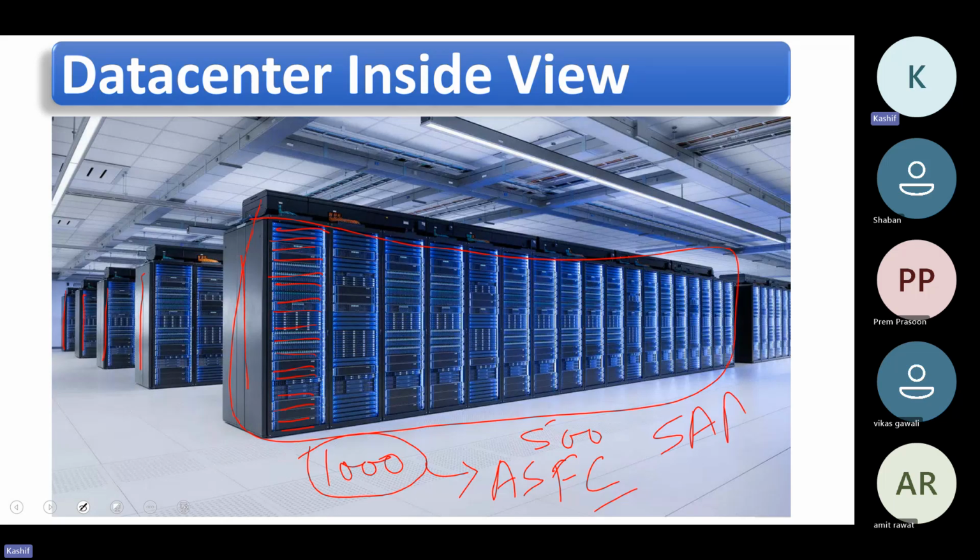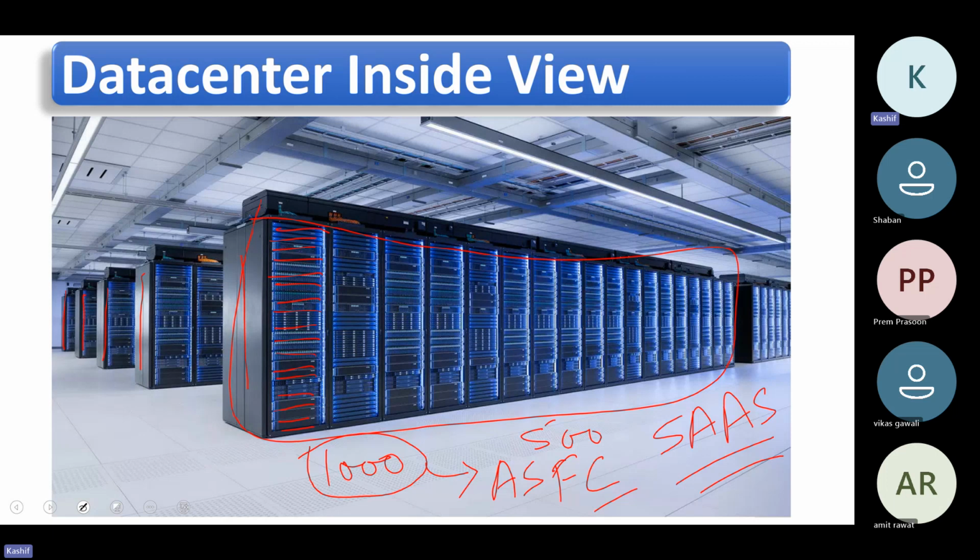SaaS means software as a service. So you just take the software as a service. You don't have to install the software in your office premises, or build the whole architecture yourself. It's all done by Microsoft. Just like Gmail, you just create your Gmail ID, and you start sending and receiving emails.